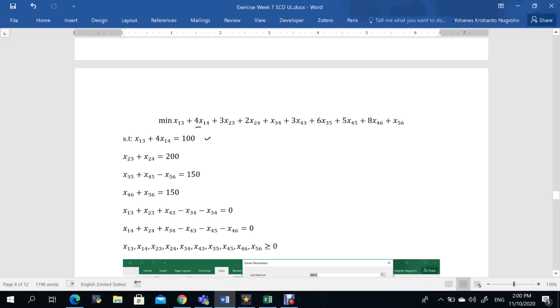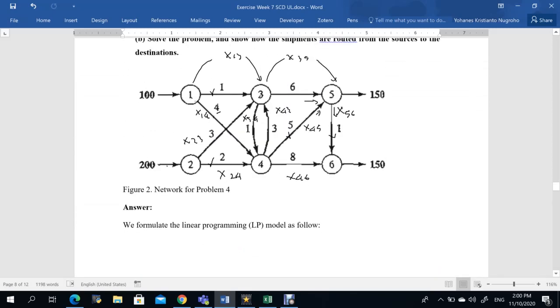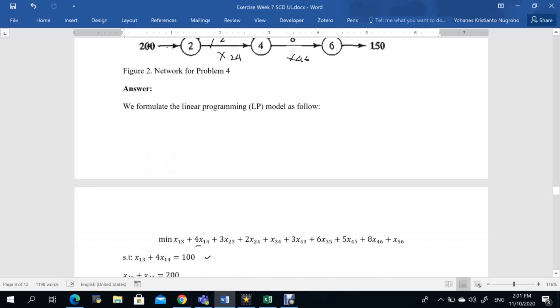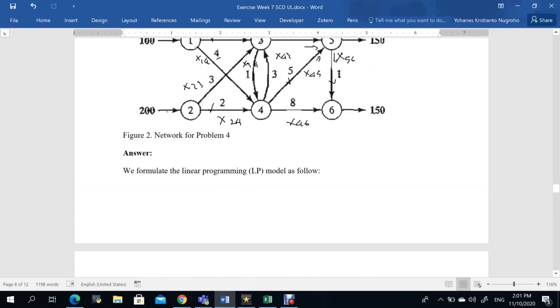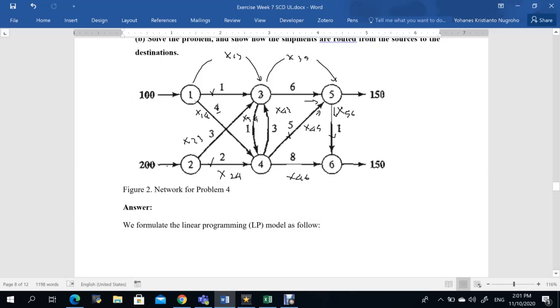Alright. And first, according to the figure in this problem, for distributing products from 1 to 3, it costs only $1 or €1 per unit, and therefore here we have x13 without any coefficient, because 1 times x13 equals x13, and also x14 here times 4, because there are 4 monetary units per unit of product transported from point 1 to point 4 here.